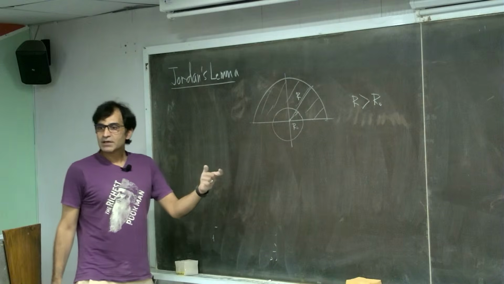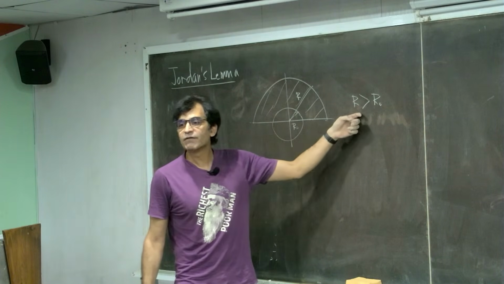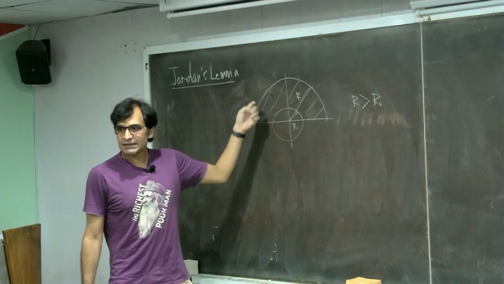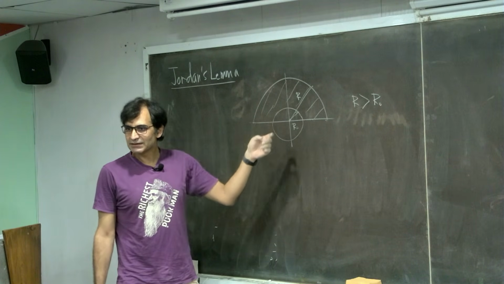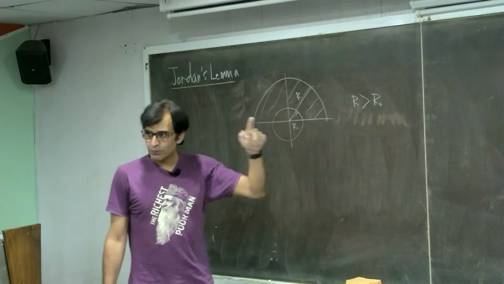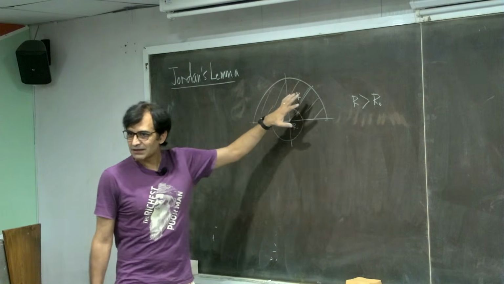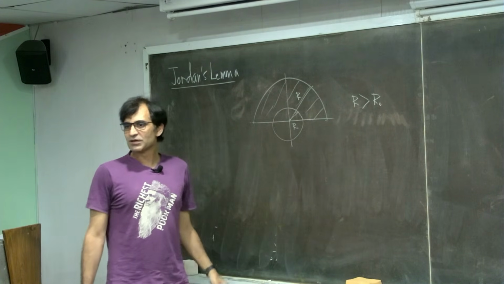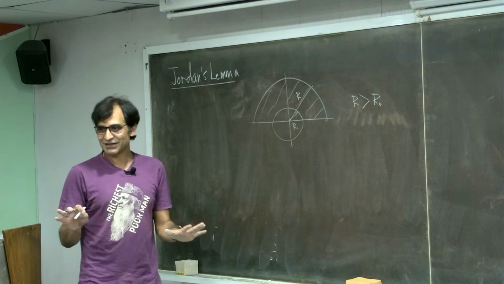And what will happen if you take R to be infinity? It means that you have to calculate the maximum value of the integral, and if you take R to be infinite in that limit, the result should be equal to 0. So these are the three steps.